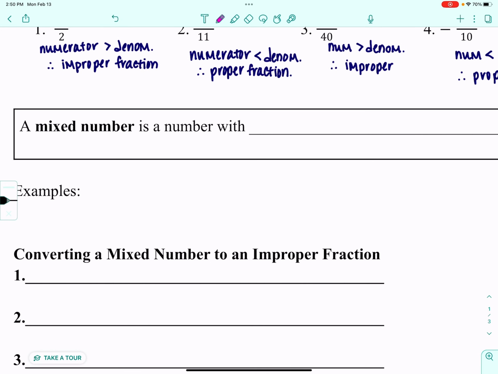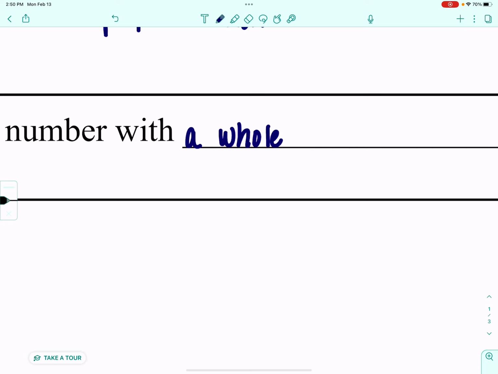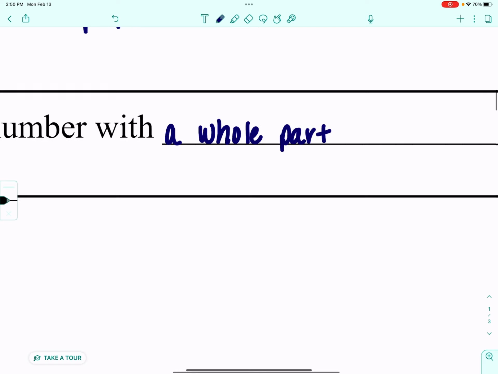So now we'll go look at mixed numbers. A mixed number is a number with a whole part and a fraction part.